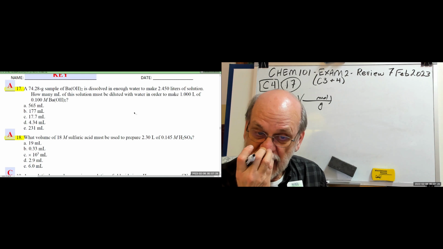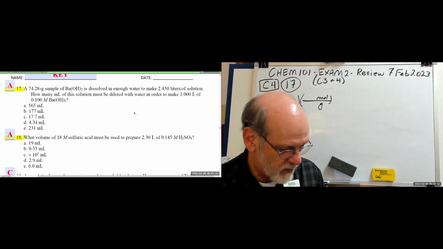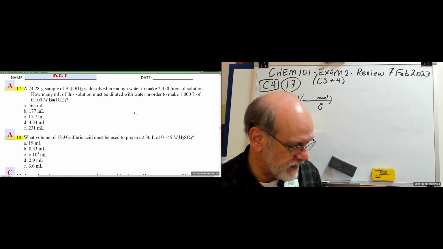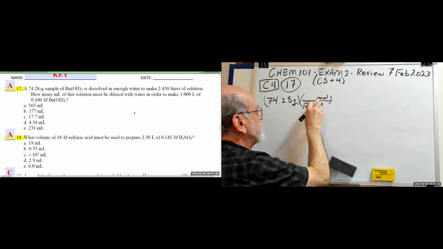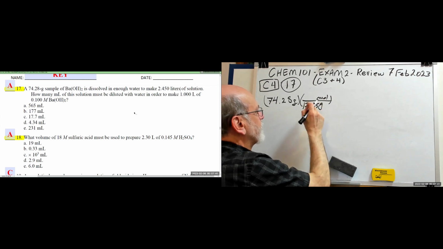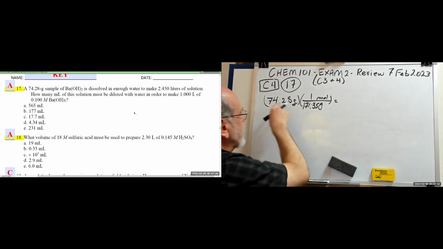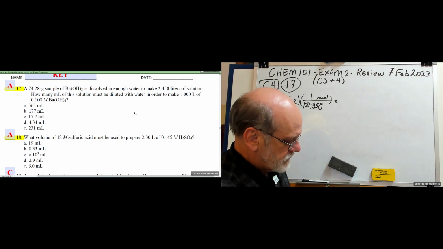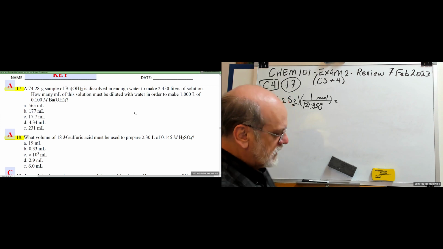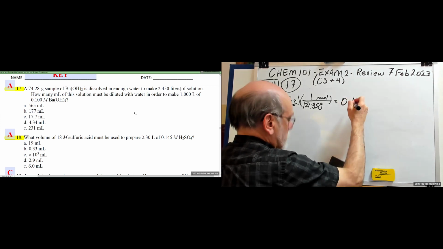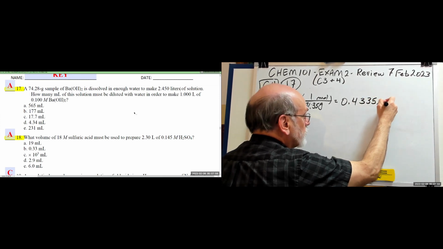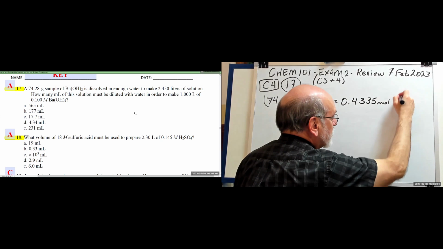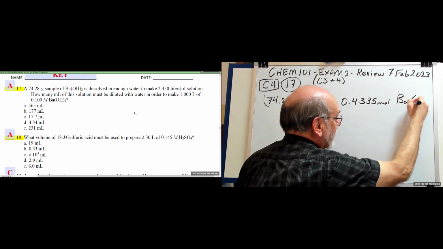Add that in. And 2 hydrogens, which is 2.02. So we have 171.35. And we divide that into 74.28. And that gives us 0.4335 moles of barium hydroxide.